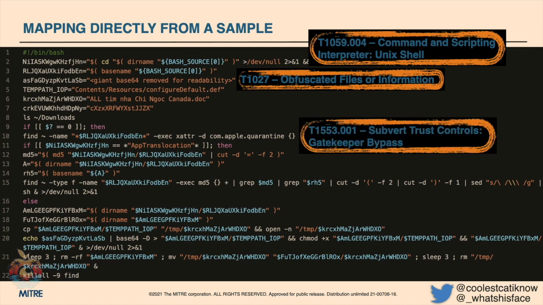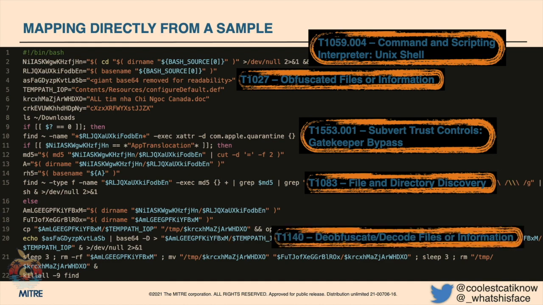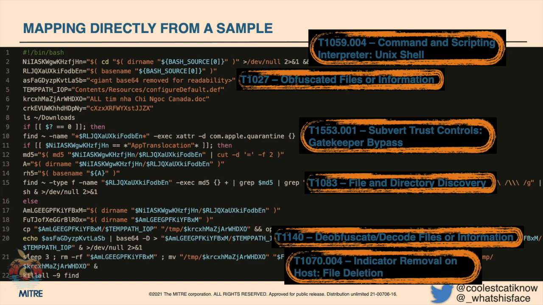They're doing a classic Gatekeeper bypass here with xattr. As they go through and they're looking for their files on app translocation, they're doing what we'd call file or directory discovery. Then they're pulling apart that base64 blob with deobfuscating files or information. And finally, they're deleting the evidence.